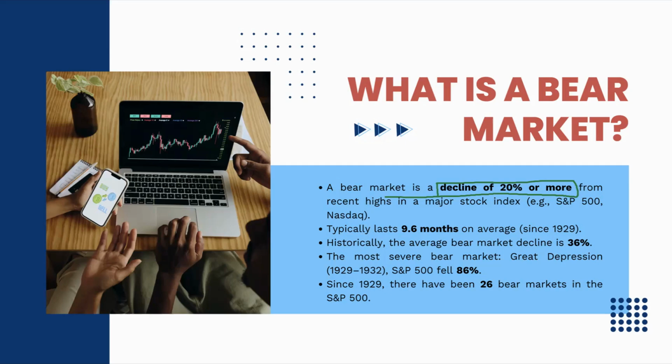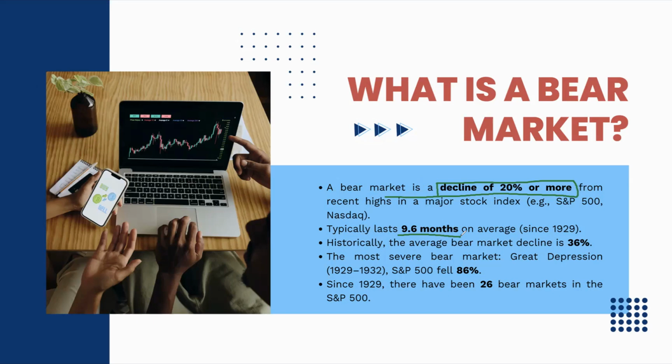And a question you might be asking, and I get this a lot here, especially with the weakness that has shown up, is: how long does it last? How long does a bear market last? On average, you can see here that they last about 9.6 months. So if we round that up, 10 months. And that's since 1929, so if we go back to the Great Depression.